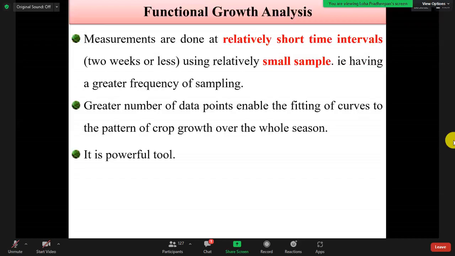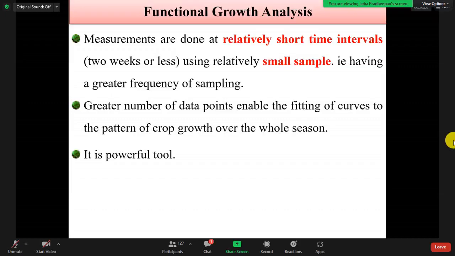But in the functional approach, every 1 week interval, we are getting the dry weight. So every week we are removing plants. In that case, the amount of plant we are removing will be less. Otherwise all the plants would be quickly uprooted, or we would have to establish a large number of plants for the study.